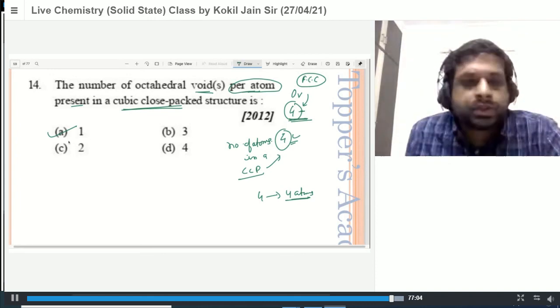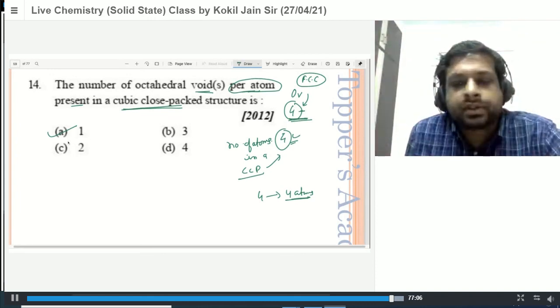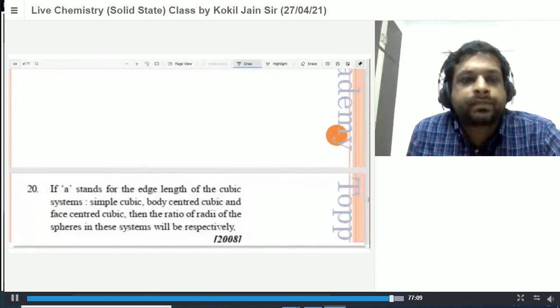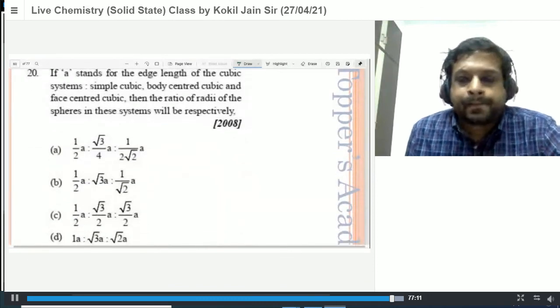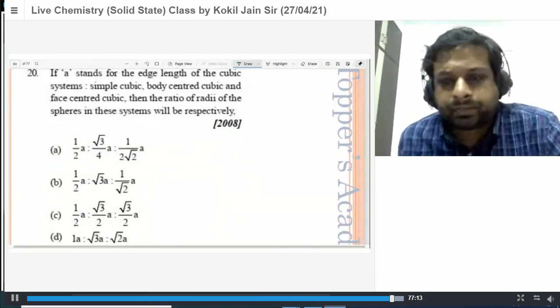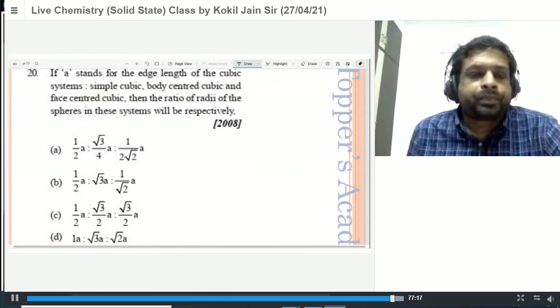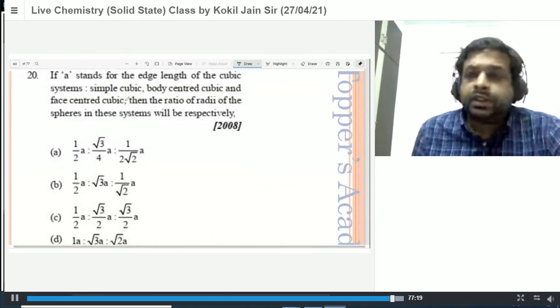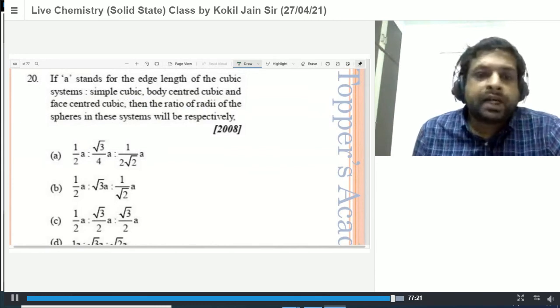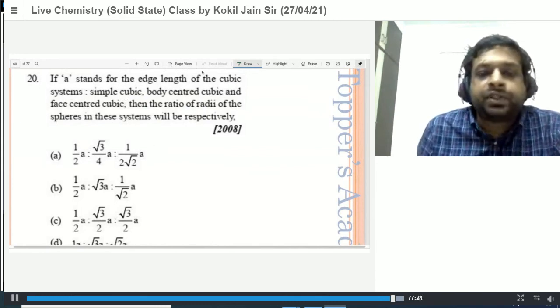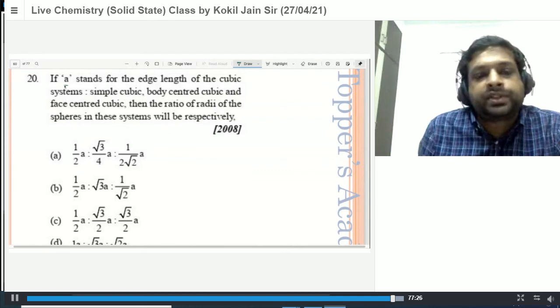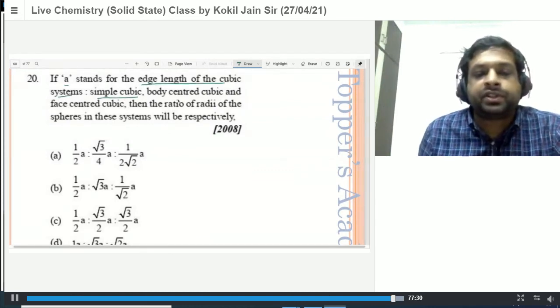Now let's see another question. In this question they are asking, a stands for the edge length of the cubic system. Let's say simple cubic, body centered cubic, face centered cubic.